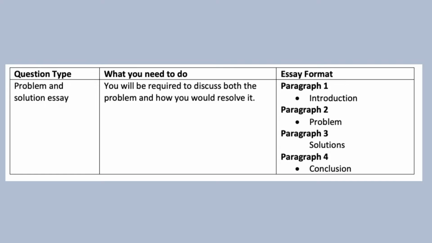Paragraph 1 is the introduction. In paragraph 2, you should talk about the problem. In paragraph 3, you should state the solutions that you have in mind. And paragraph 4, the conclusion. If you are able to keep to this essay format structure, this will definitely help you.